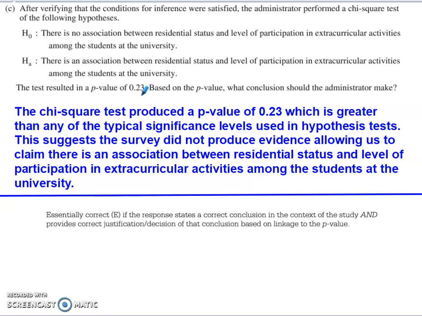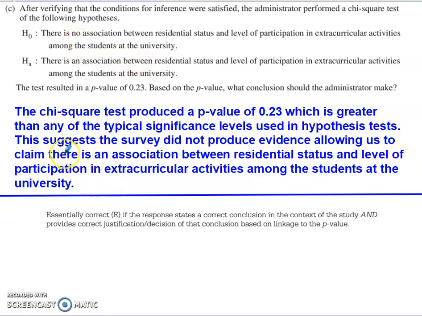Well, 0.23 is bigger than any of those typical significance levels that you would use in hypothesis testing. So this suggests the survey does not produce evidence allowing us to claim there is an association, right? If I don't have a p-value that's smaller than 0.1, 0.05, 0.01, I'm not looking at a situation that suggests I have evidence to reject the null hypothesis.